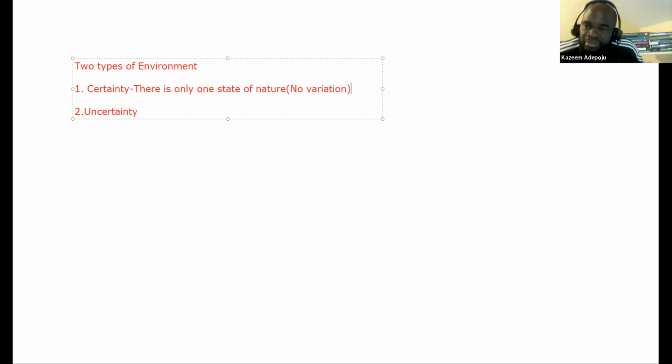But you know what? That environment does not exist. An environment where you're going to have only one happening, where there is no change, where things remain the same, that environment does not exist.